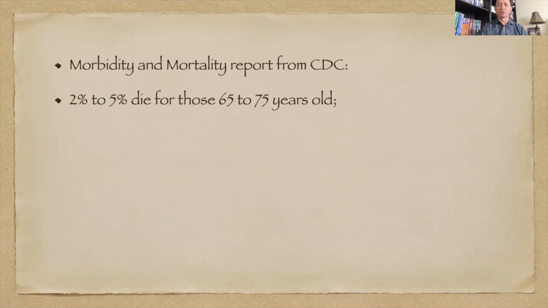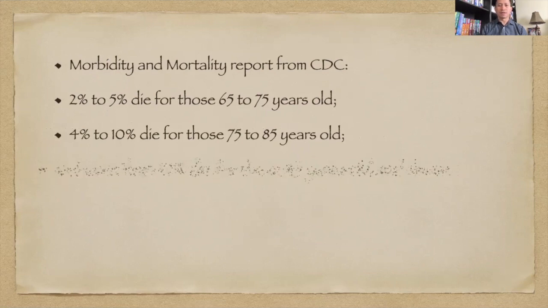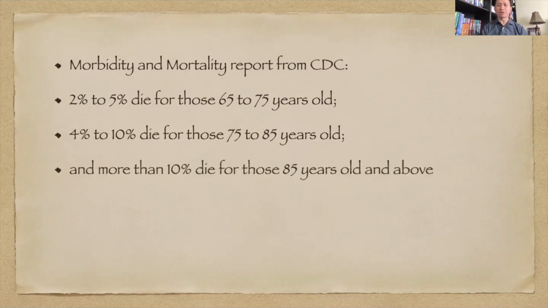This is according to CDC. And 4 to 10% die for those 75 to 85 years old. And more than 10% die for those people age 85 years old and above. So if there are 100 patients aged 85 years old and above, 10% of them will die because of coronavirus infection.